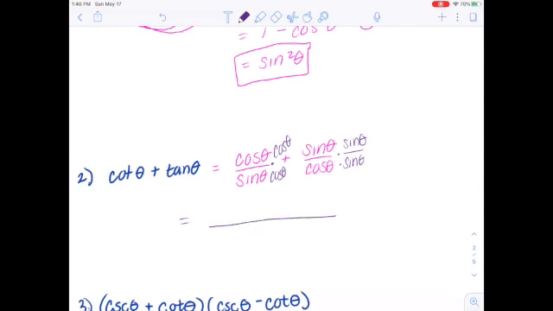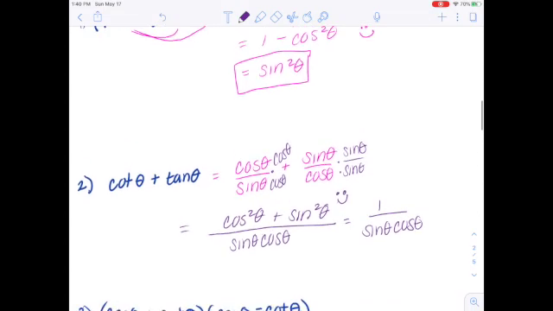So that gives me, I'm going to add across the top. You've got sine of theta, cosine of theta as your common denominator. And cosine theta times cosine of theta is just cosine squared of theta plus sine squared of theta, which you should be able to recognize as your Pythagorean theorem identity, which is 1 over sine of theta, cosine of theta.